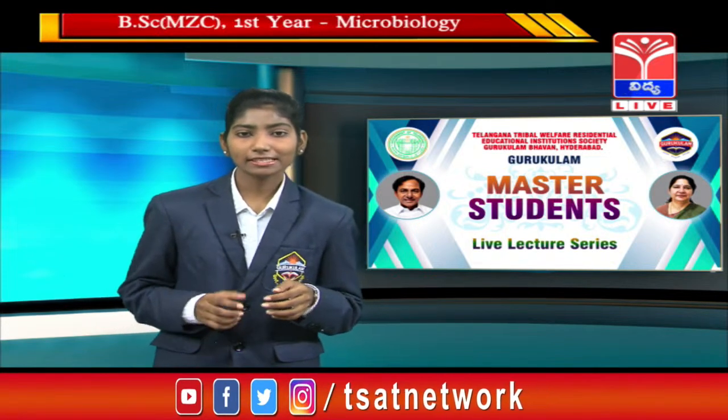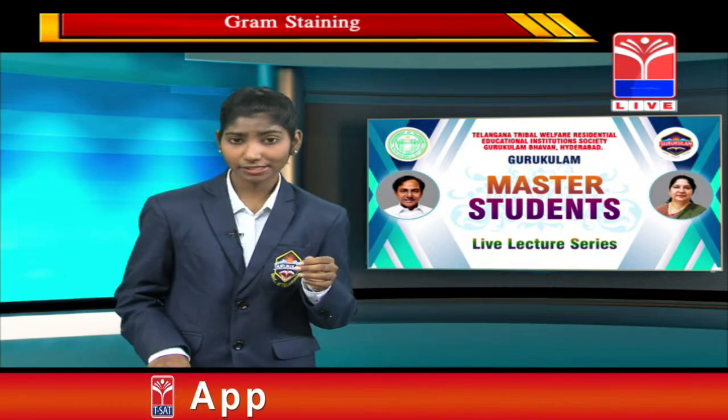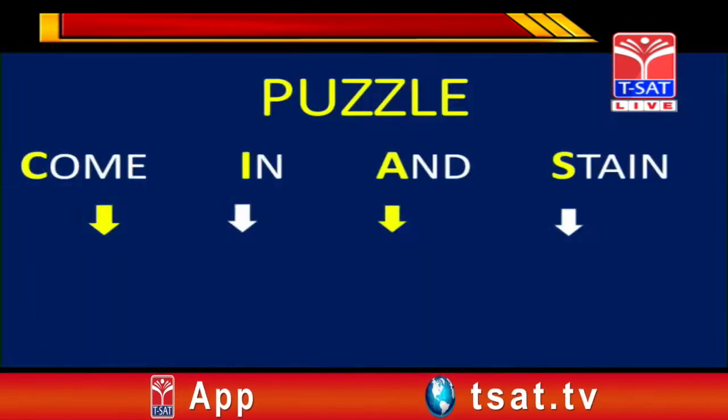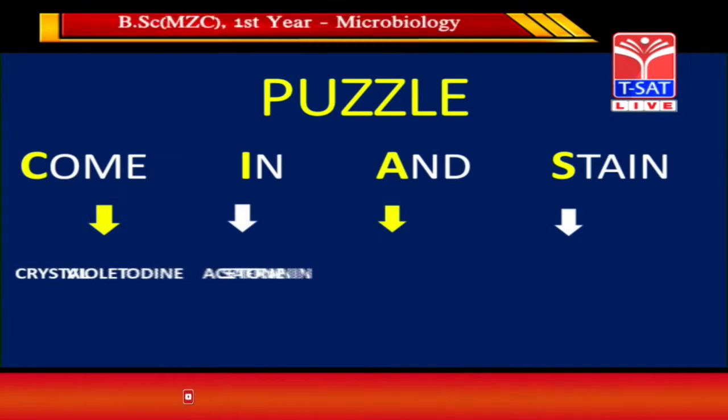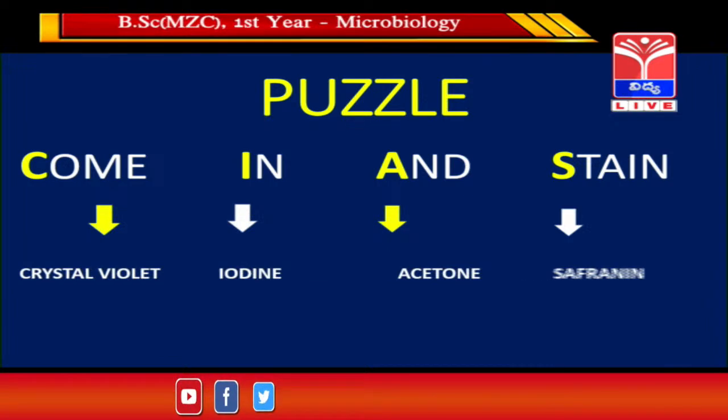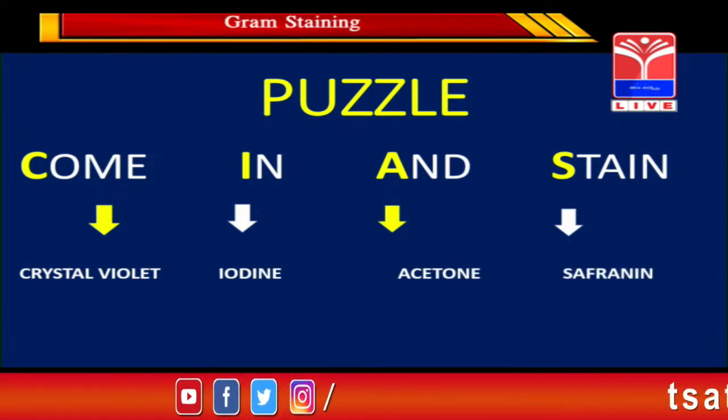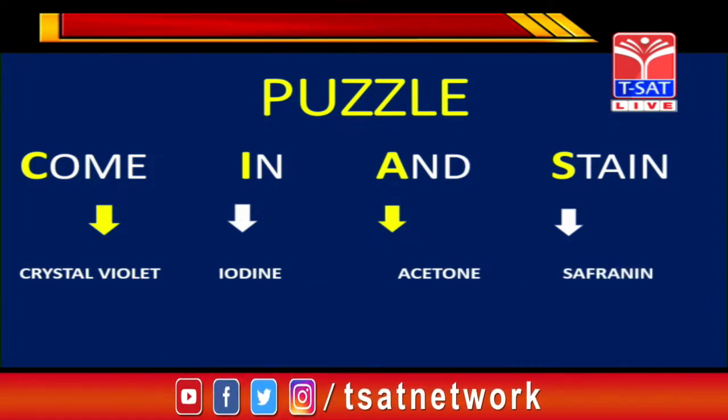And the last one, friends, is a puzzle for you. Think for a while and try to solve this puzzle. Are you getting any ideas about this puzzle, friends? Absolutely. Here it is: CIAS.